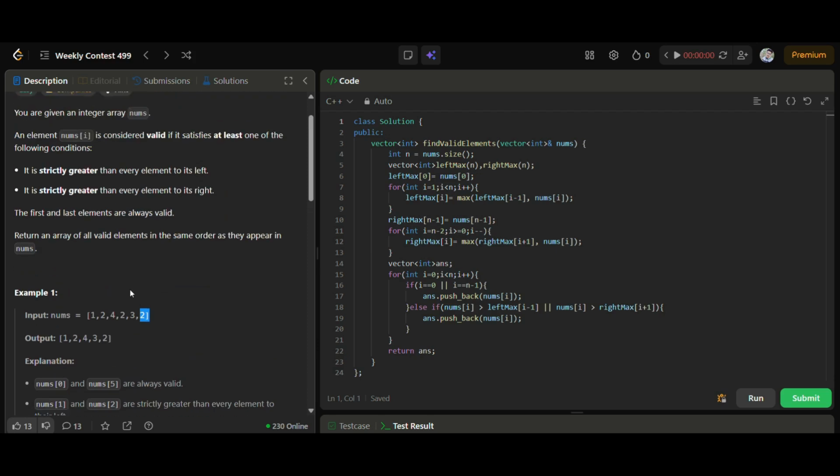So if you solve it by a normal simulation, only checking one condition, if my nums[i] is greater than its previous element or greater than its next element, then it's not solved. Why not solved? Because it says that every element in the array must be strictly greater.